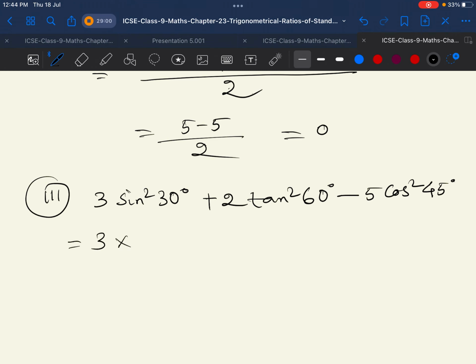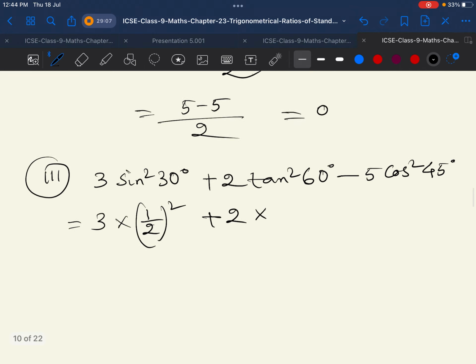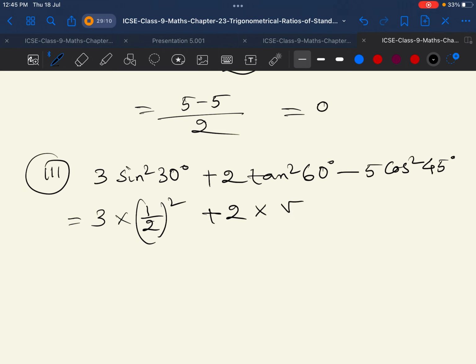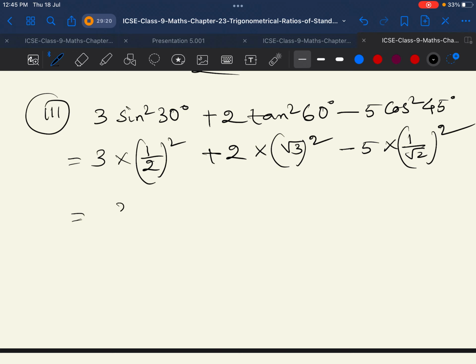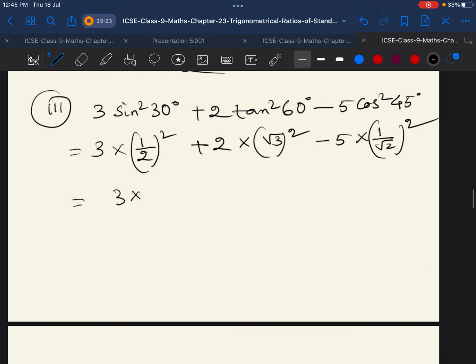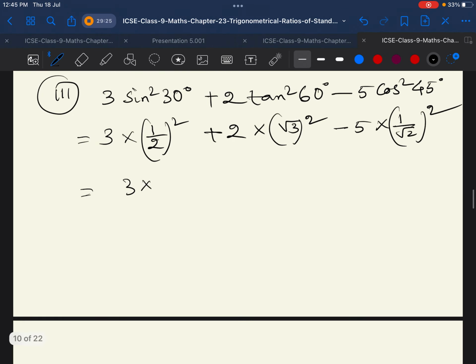So we know sin 30 is 1 by 2 square plus 2 into tan 60 is, we know, root 3 square minus 5 into cos 45, 1 by root 2 square. So 3 into, here you see 1 by 2 square is 1 by 4, plus 2 into root 3 square is 3 minus 5 into root 2 square is 2.